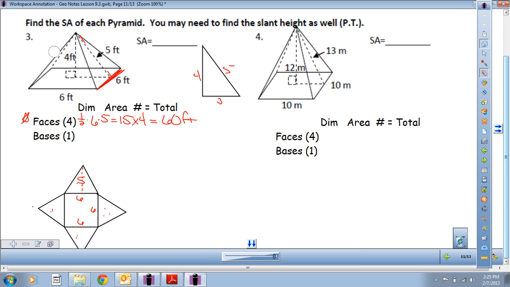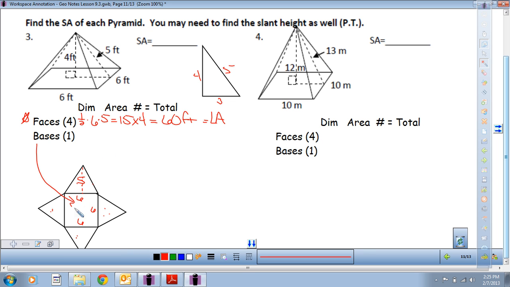Now what we did was we calculated the area of all these triangles around that base. What that actually ends up becoming is the lateral area. It's all 4 of those triangles. Well, now to calculate the total surface area, which is all I'm concerned with today, we just need to find the area of that base right there. Well, that base is a square with dimensions of 6 by 6. Gives me an area of 36.